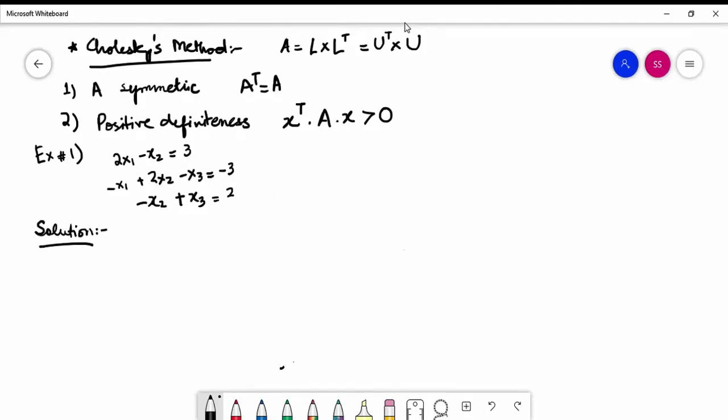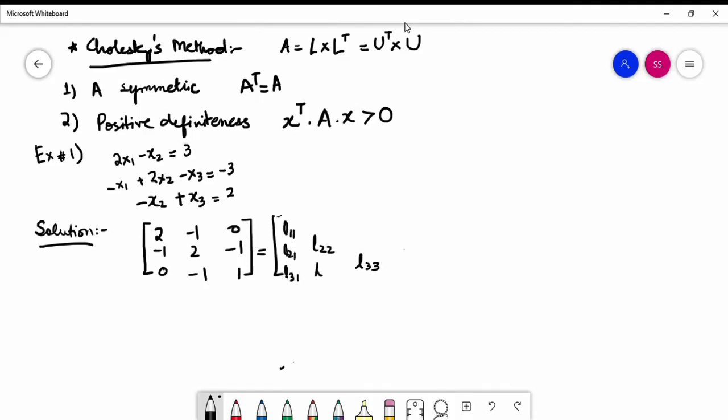Matrix A is 2 minus 1 0, minus 1 2 minus 1, 0 minus 1 and 1, and that is equal to L11, L22, L33, with L21, L31, L32 and zeros above, multiplied by its transpose: L11, L21, L31, then 0 L22 L32, and also 0 0 L33.